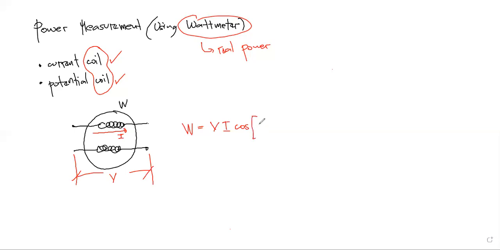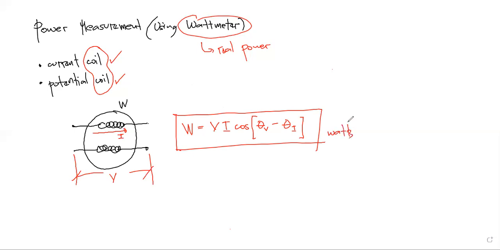That would be cosine of theta V minus theta I. This will have a unit in watts.